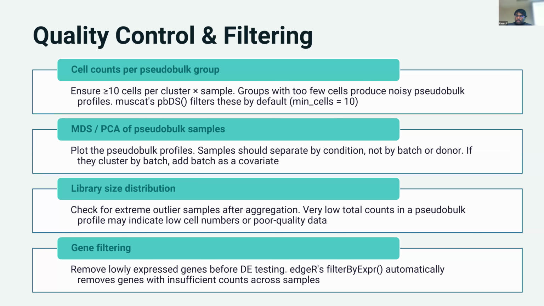Third, check for library size outliers. And then the fourth is to filter for lowly expressed genes. If your MDS shows batch separation instead of condition separation, then that's when you need to add covariates and perform batch correction.